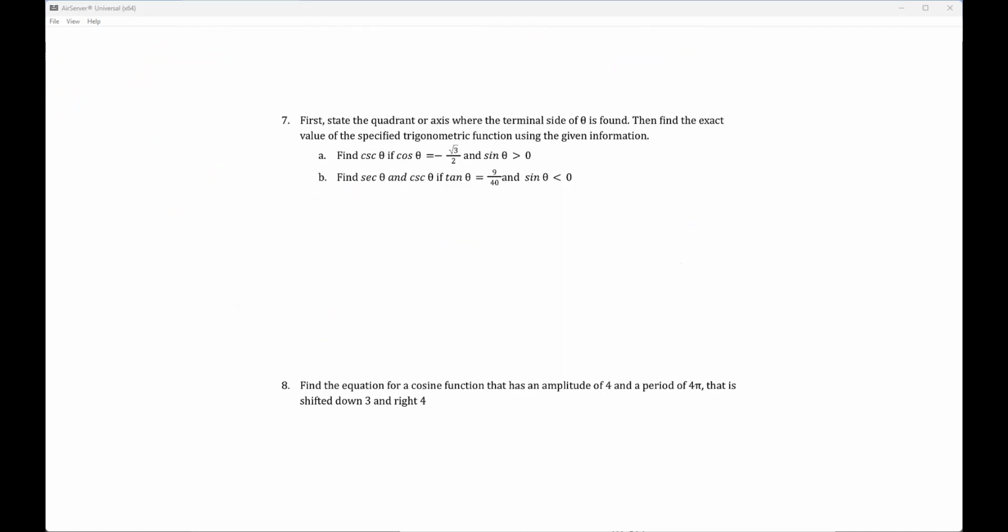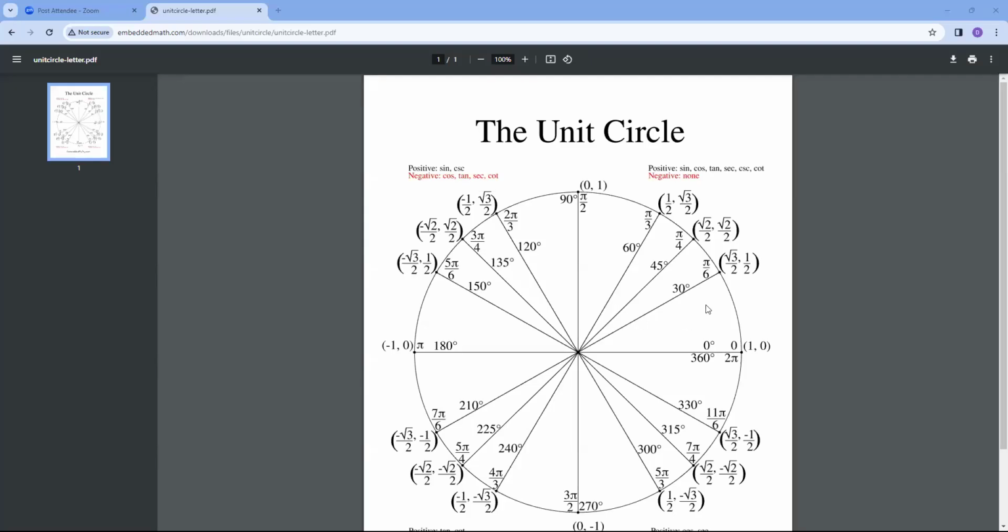Cosecant, if cosine is -radical 3 over 2 and sine is positive, okay? So let's look at the unit circle. So cosine is negative radical 3 over 2. So it's either going to be 5 pi over 6 or 7 pi over 6, because that's where the x value is negative radical 3 over 2.